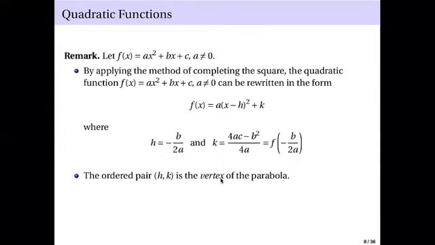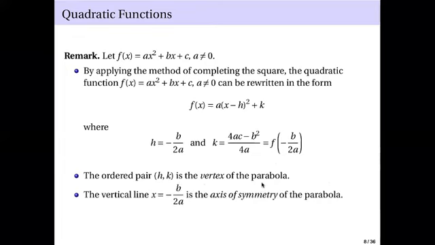Therefore, if you are given a quadratic function and you are asked to find the vertex of its graph, then you just have to compute for this. And you will be able to get the vertex of the parabola.